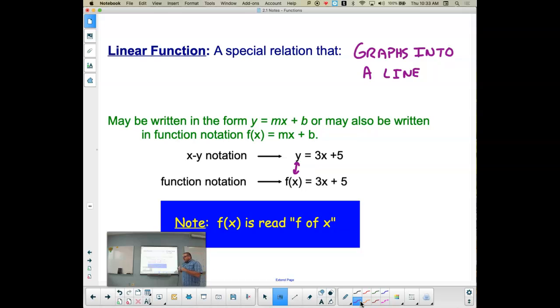If I write it as f of x equals mx plus b, now I've written it in function notation. Okay? And remember, this is not the cable channel FX, it's read f of x. Okay? All right?